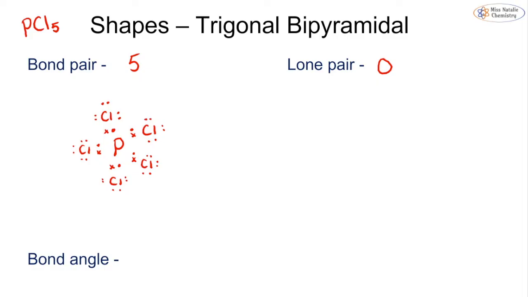And what happens is we have the phosphorus in the center, and then above and below we have the chlorines. We then have 1 chlorine in the center, and the 3 that are in the center of the phosphorus are going to be in a trigonal planar shape. So they're going to be separated, and we have our wedged bond and our hash bond to show that one is coming out of the screen and one is going into the screen.